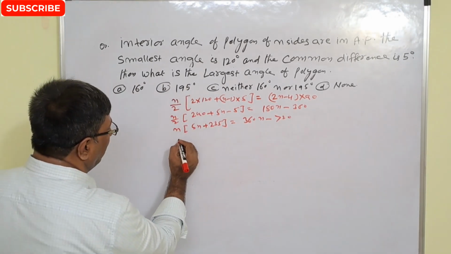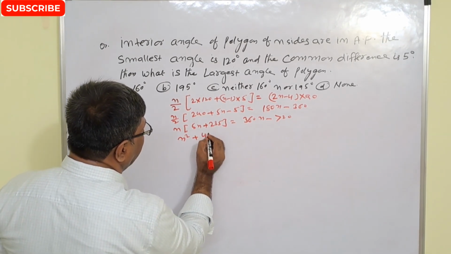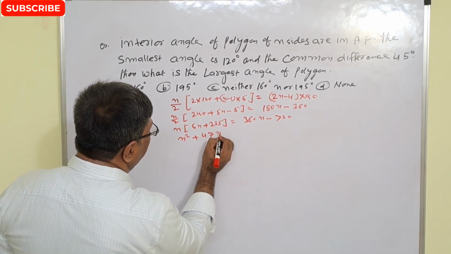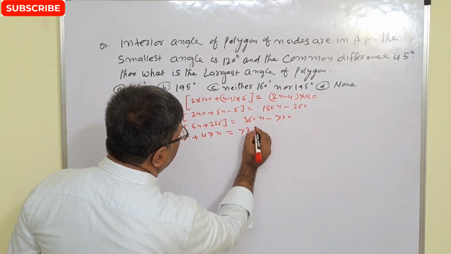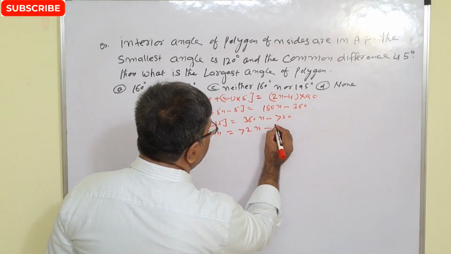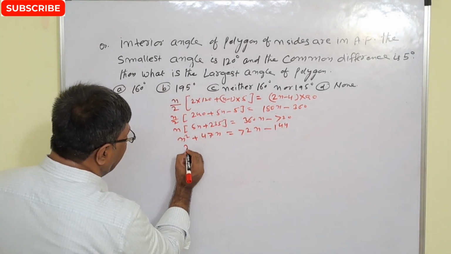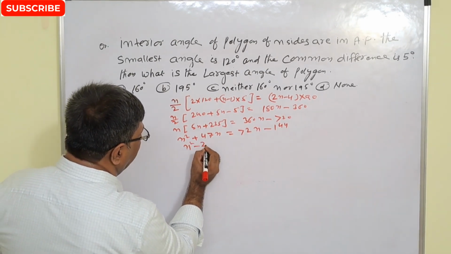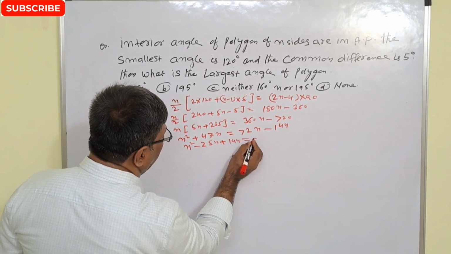Taking 5 common, this is n square plus 5 4s are 20, 5 7s are 35, 47n equals 5 7s are 35, 5 2s are 10, 72n minus 5 1s are 5, 22, 144. So we can write directly n square minus 25n plus 144 equals 0.